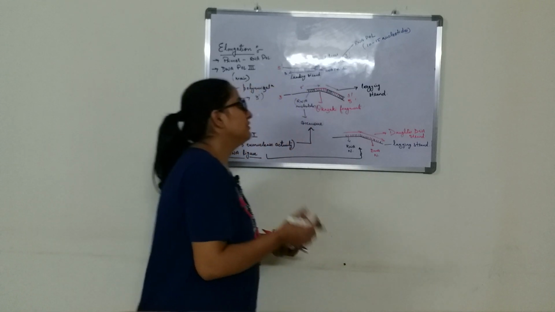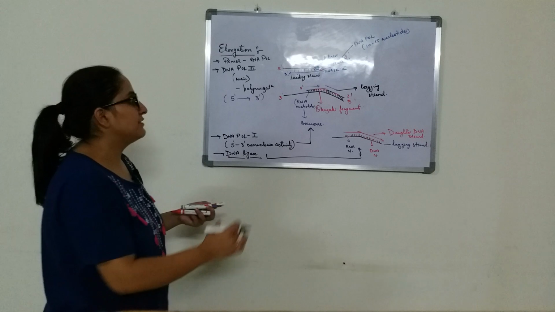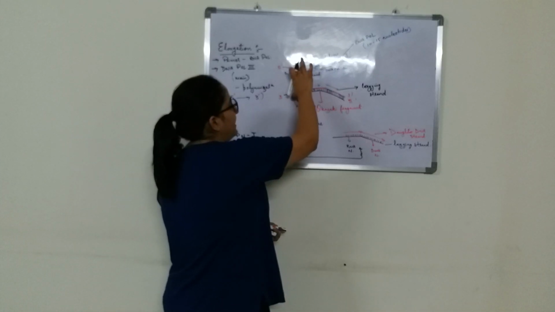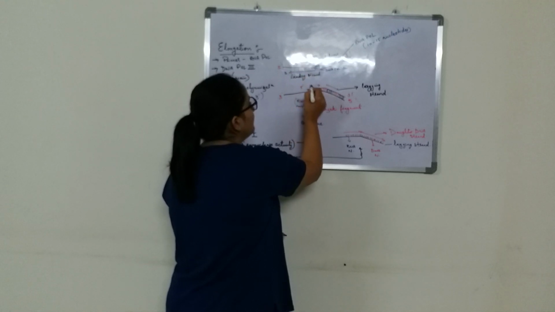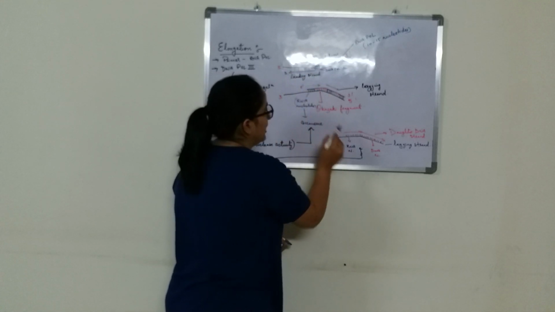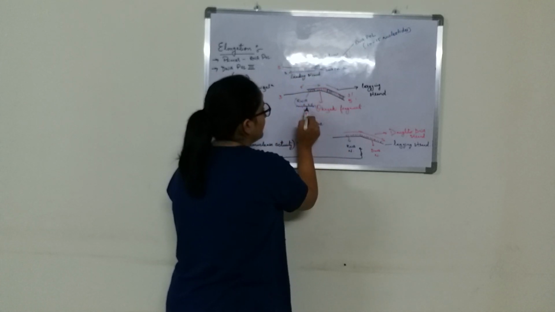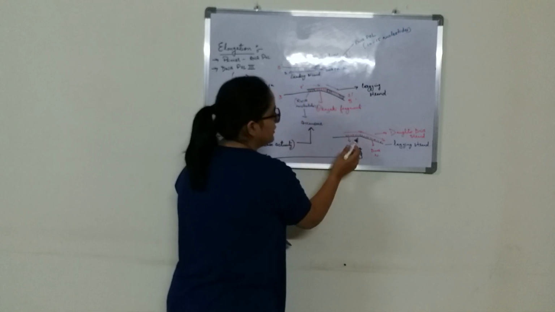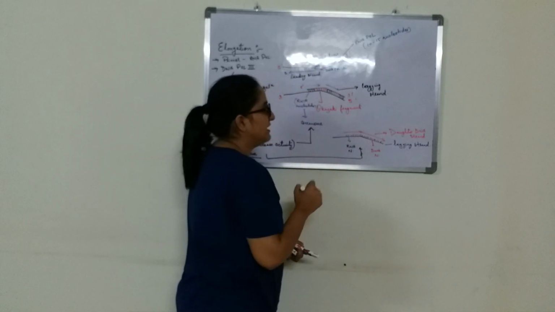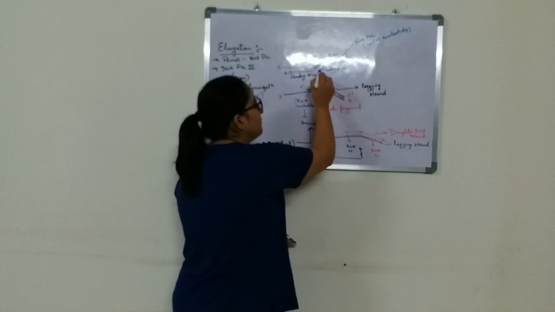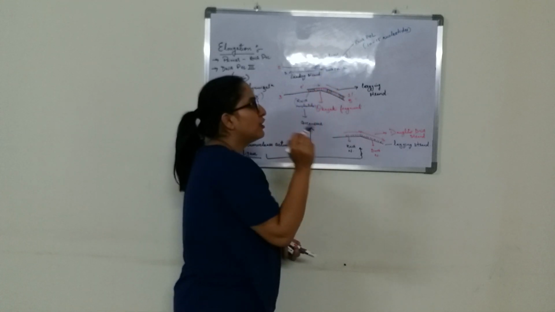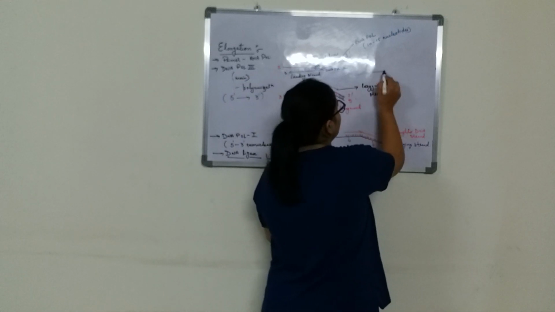This is how the parent DNA strands, these two strands, will form the new nucleotides. So now these RNA nucleotides are removed and the DNA nucleotides are added, and so the two new daughter DNAs are formed, right?